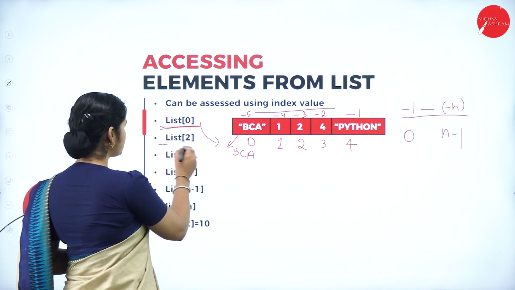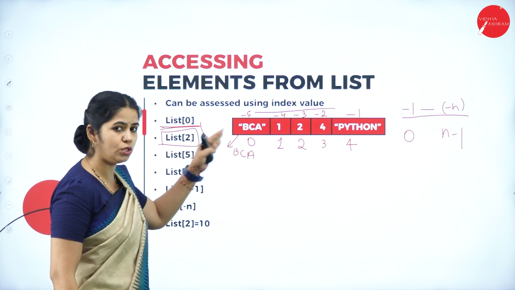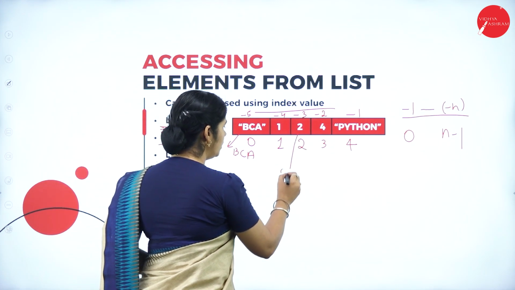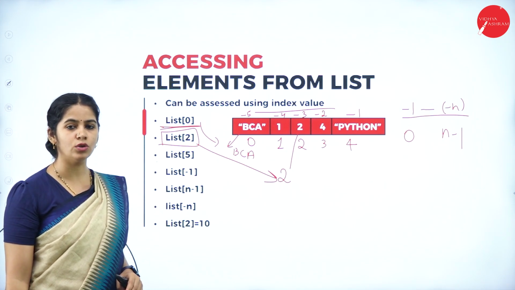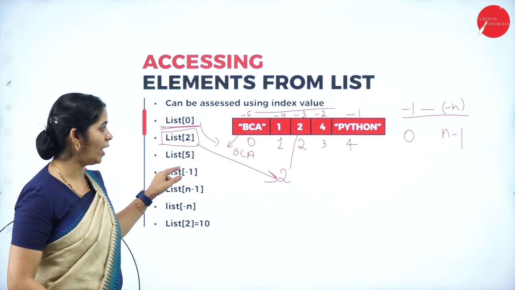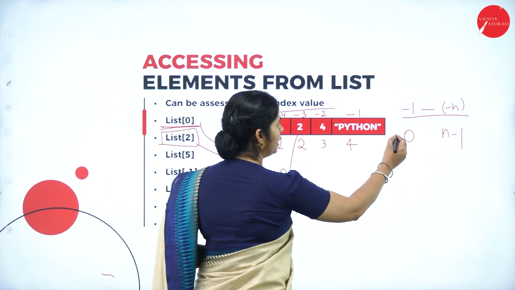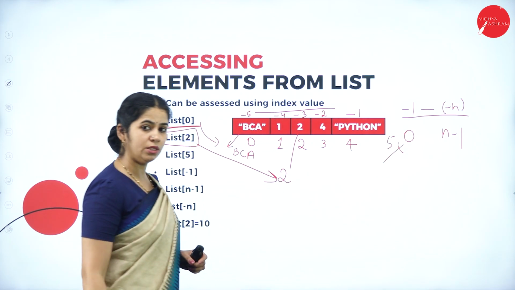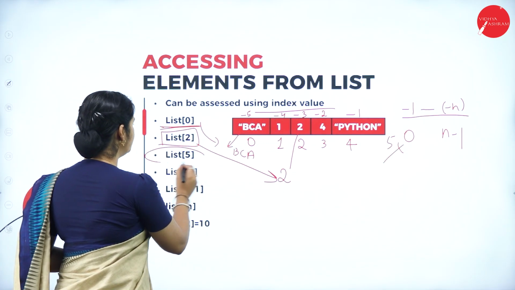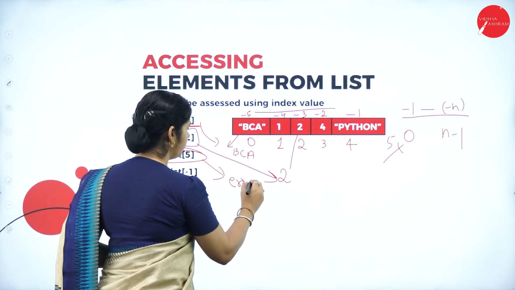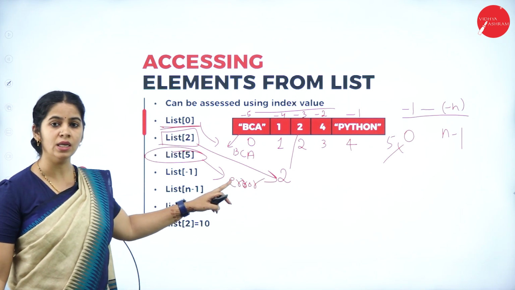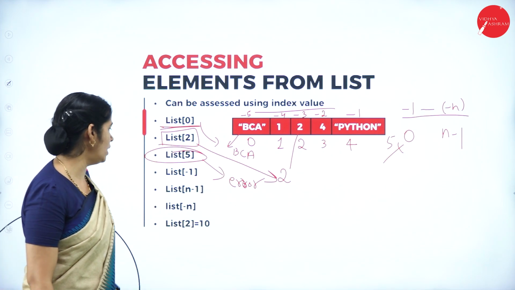Okay, then list of 2. What is 2? Here the value is 2. This will be displayed when we call list of 2. Then list of 5. Do we have a 5th element here? We don't have a 5th element here. So this particular instruction gives an error message.